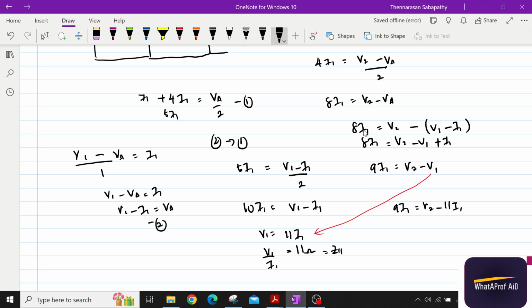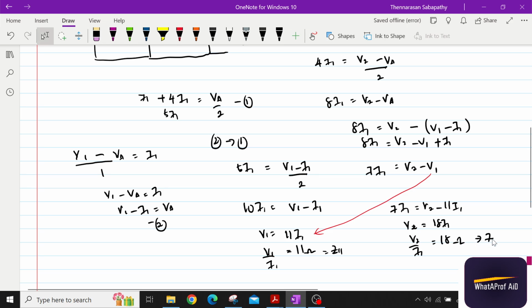It looks like something is wrong. 8I1 equals V2 minus VA. 8 minus 1 is actually 7, sorry for the mistake. So 7I1, and here it is also 7. So here you have V2 equals to 18I1. So V2 over I1 equals to 18 ohm. This is actually Z21.